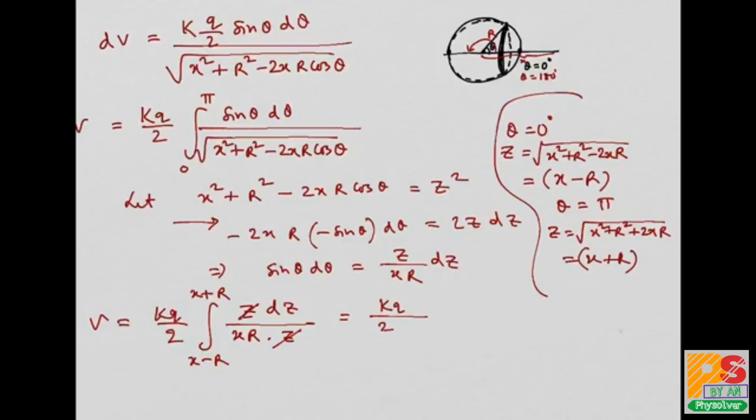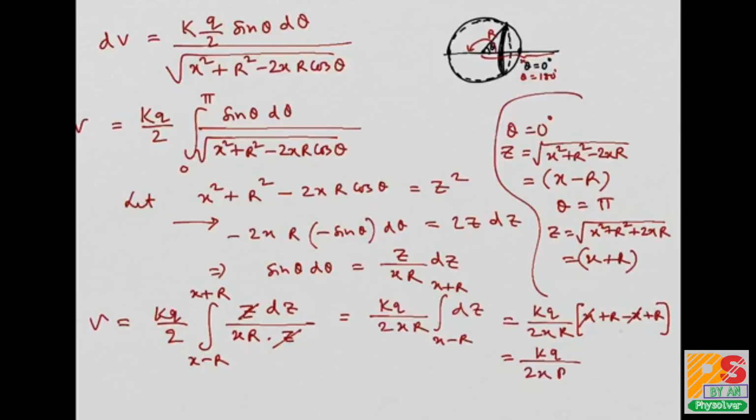The thing becomes kq by 2xr integration of dz, so this is kq by 2xr into 2r, which will give you V equals kq by x.